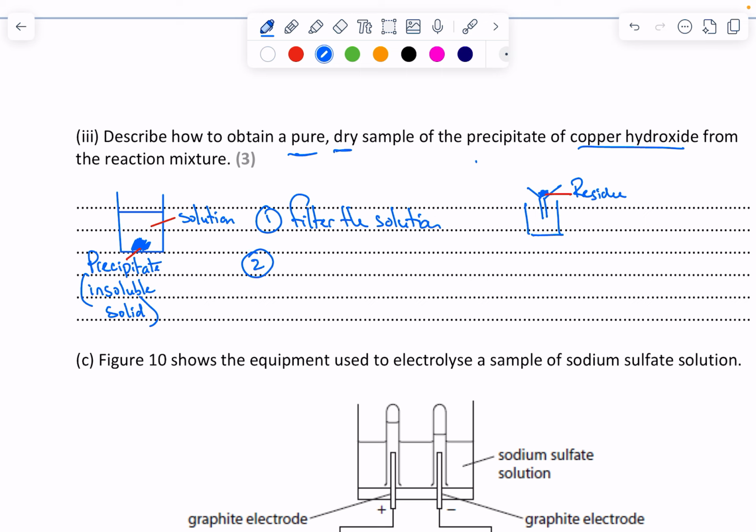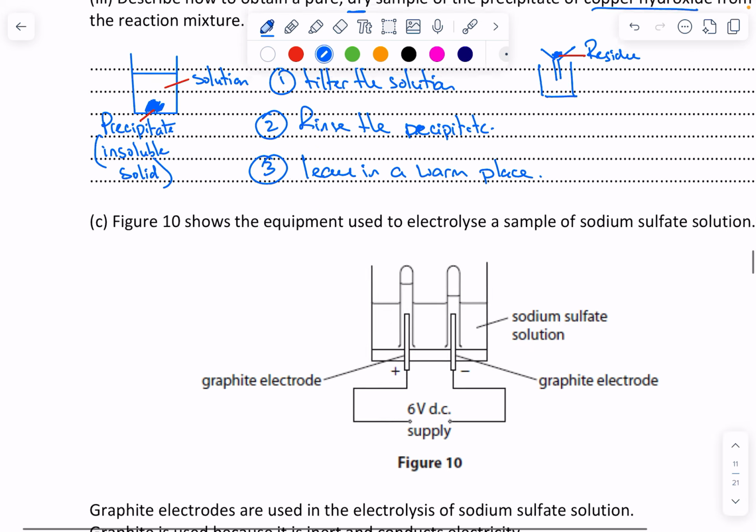Once you've filtered it and you've got your precipitate out, you would rinse the precipitate that you've formed, and then the third thing you would do to get it to dry is leave it in a warm place. There's going to be 1 mark for each of those points that I've listed.